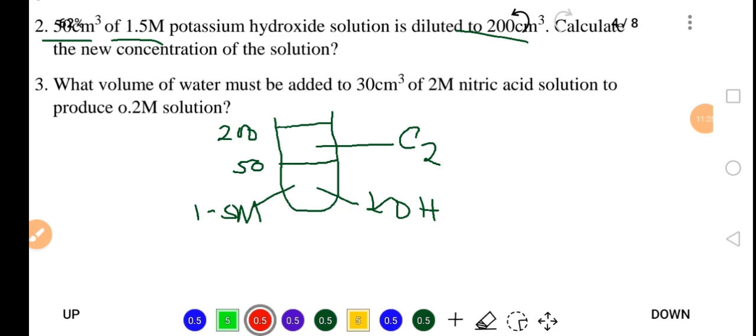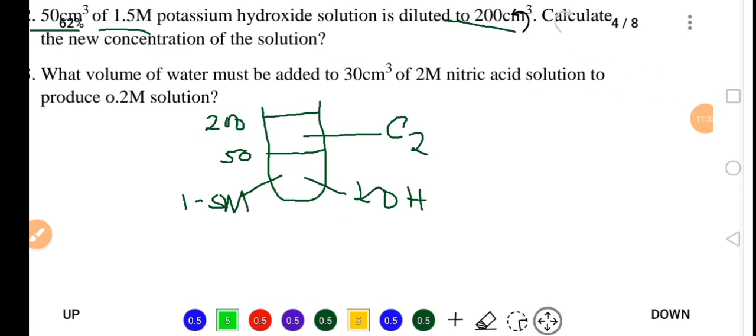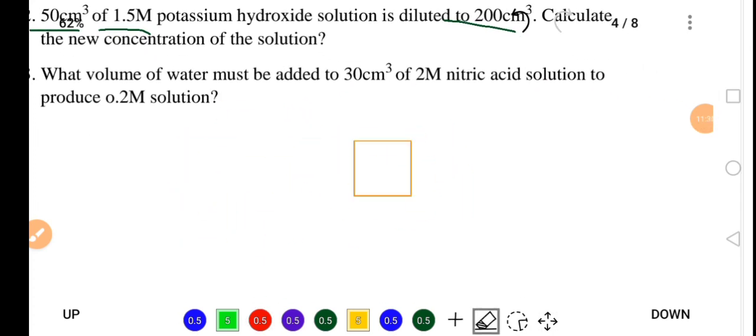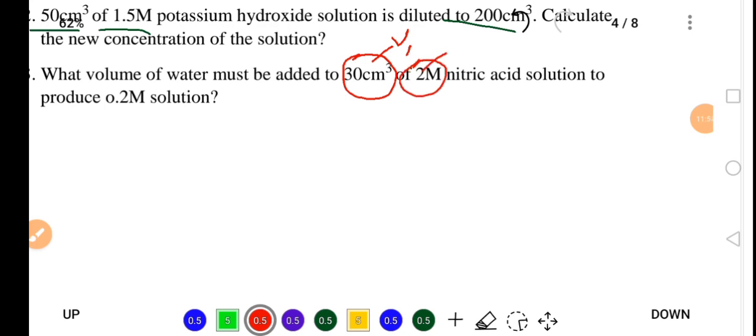So I'm going to use the same space here. The initial volume is volume 1, and the concentration is 2. Then the final concentration when we add that volume will be concentration 2. Volume 2 is what we are looking for.